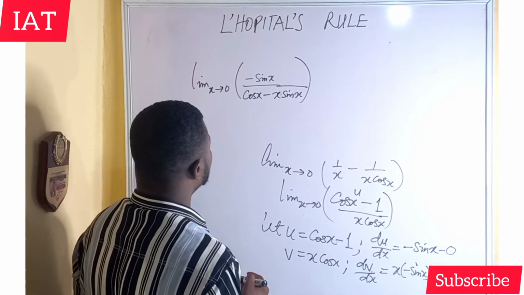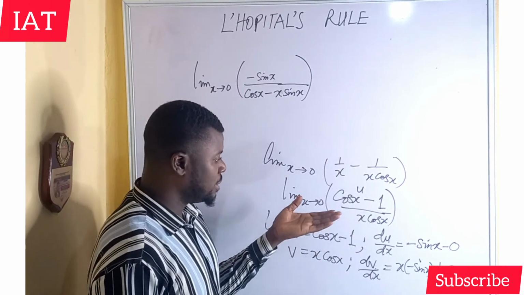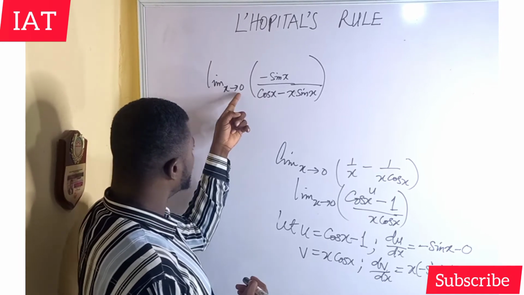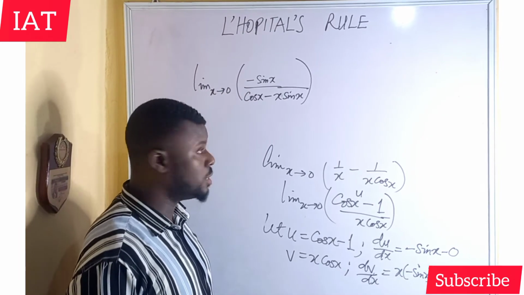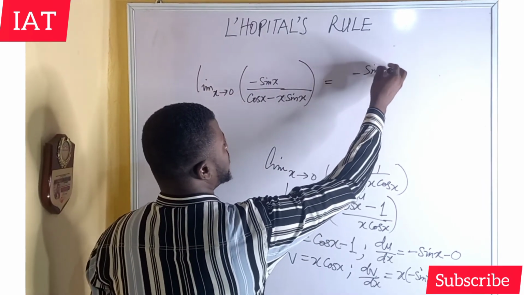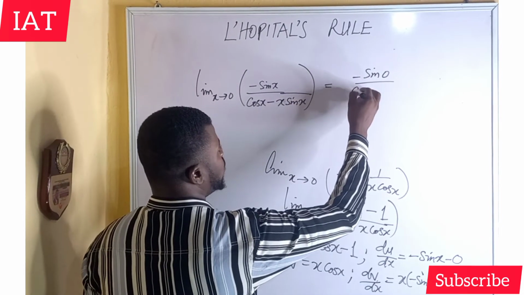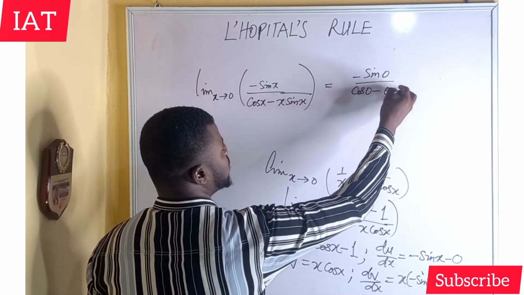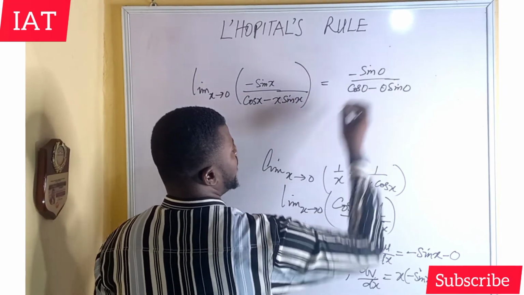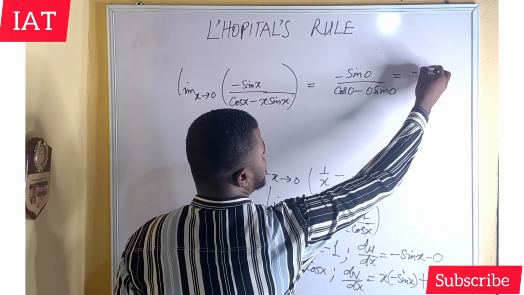So of course, what is the next thing we should do at this point? We have differentiated both the numerator and the denominator. We substitute this value of x, which is 0. If we do that, we have minus sine 0 all over cos 0 minus 0 times sine 0. So this will give us minus 0.